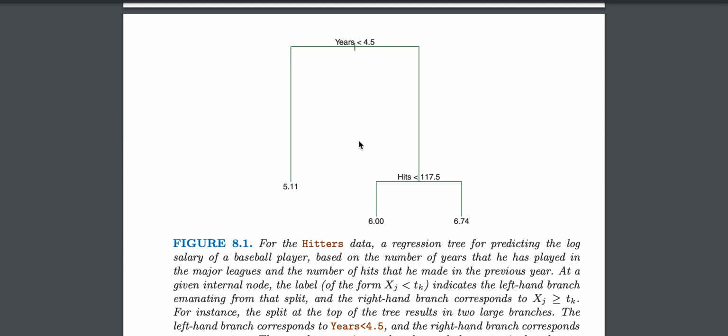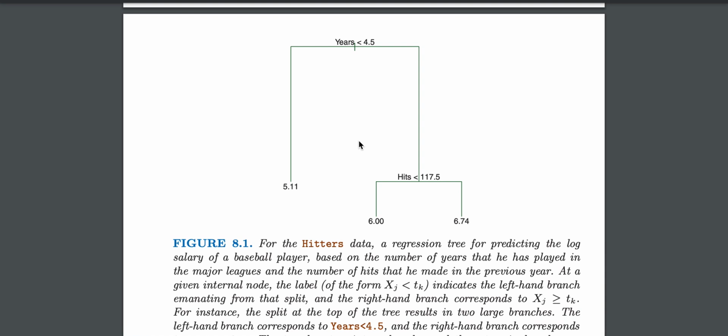So this is the hitters data. It's available as part, I think, of the ISLR package. And it's a data set where we like to predict a baseball player's salary based on the number of years that he has played in the major leagues and the number of hits that he made in the previous year.